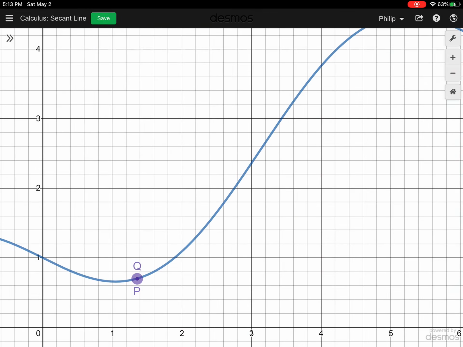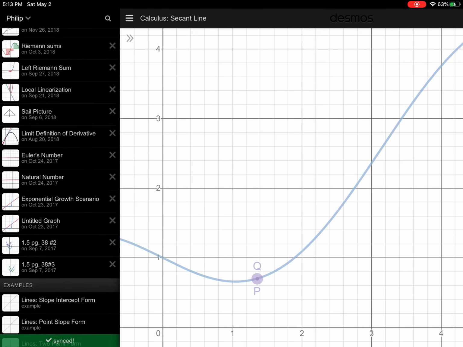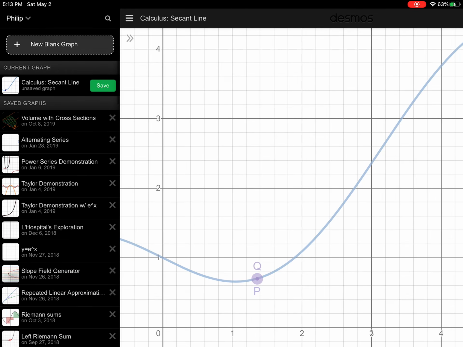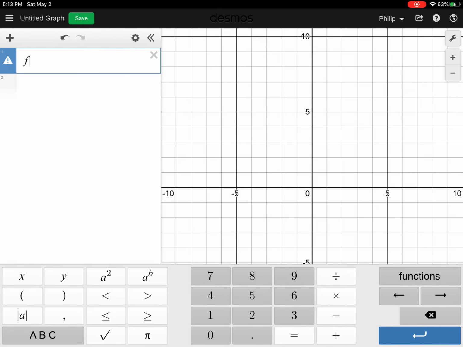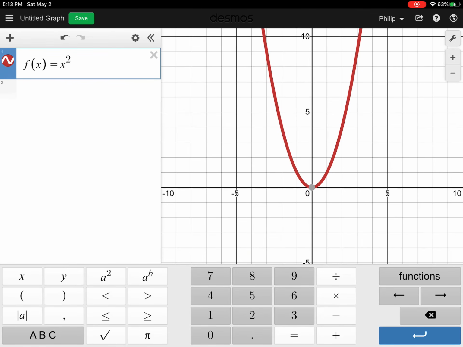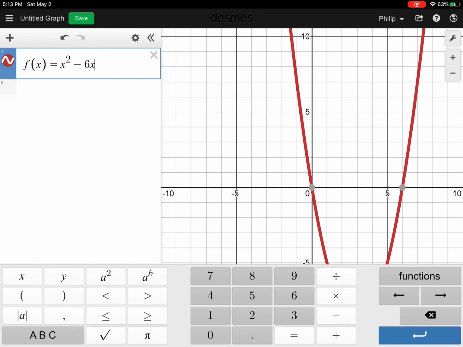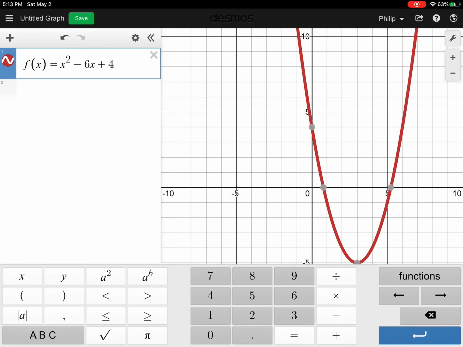And so just to finish it off, let's start a new blank graph, and let's put in that function that we came up with. So f of x is equal to x squared minus 6x plus 4.